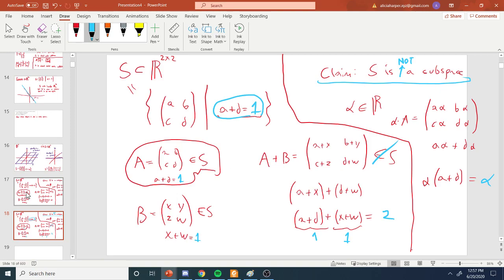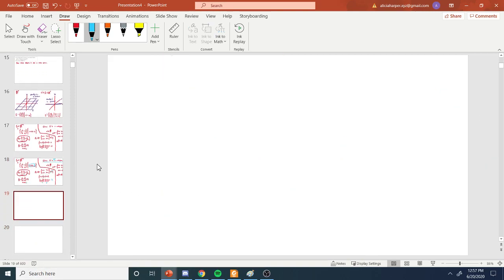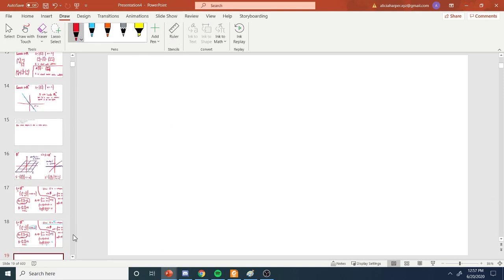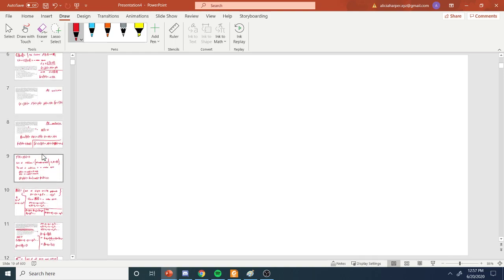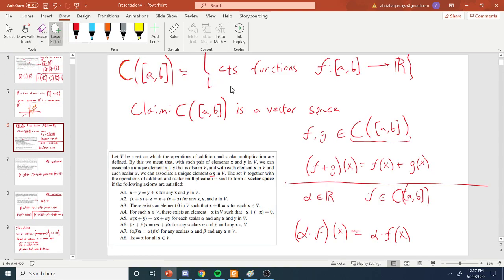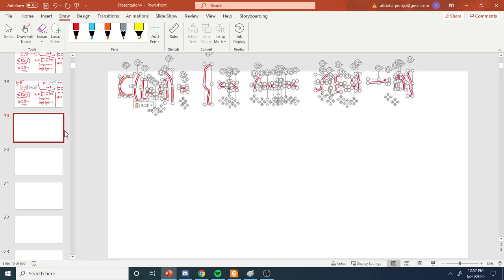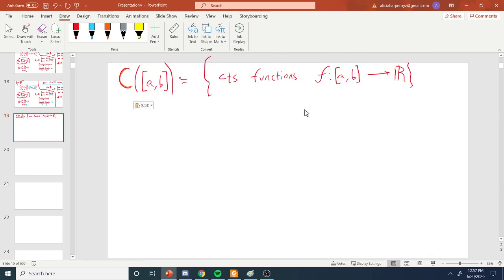All right, so let's do an even more sophisticated example. So let's recall the set of continuous functions. This is the set of continuous functions from [a, b] to R. Well, we're going to define a subset of this.